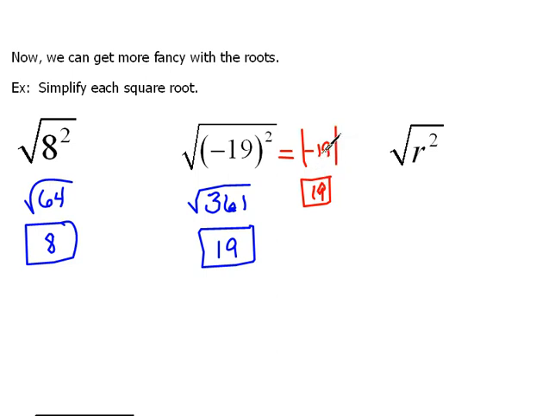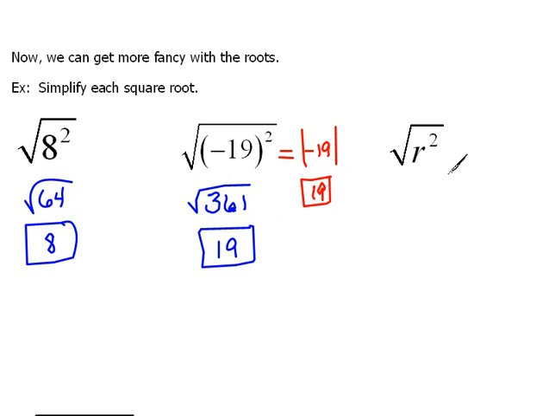Now, when it's numbers, we don't really have to go through all of that because we can either work this one step at a time, or if we understand that when we square it will be positive, and then the square root of the positive number would be positive, then we're fine. Where it really comes into play is whenever we're dealing with variables, letters.